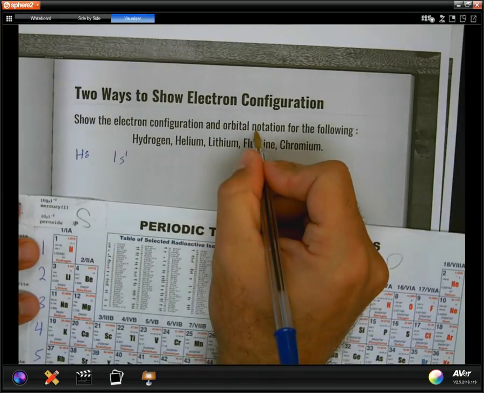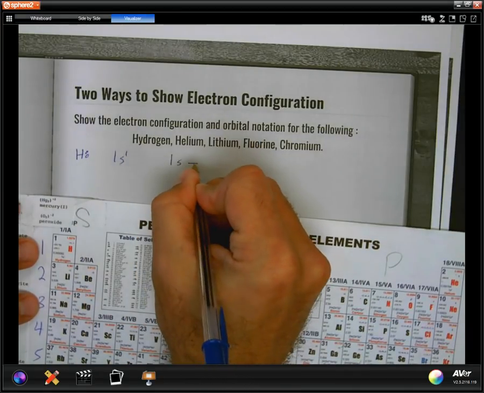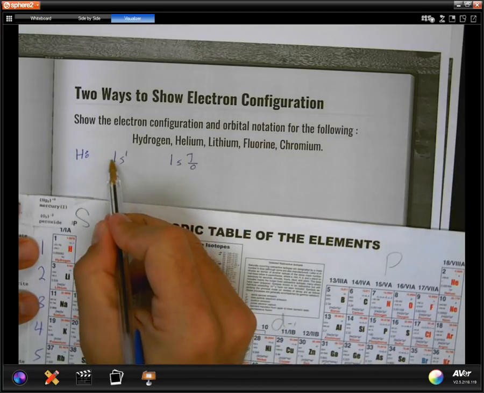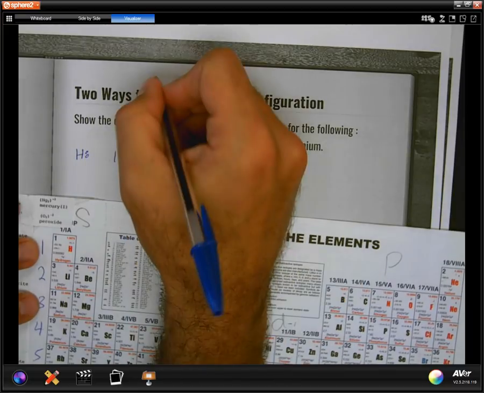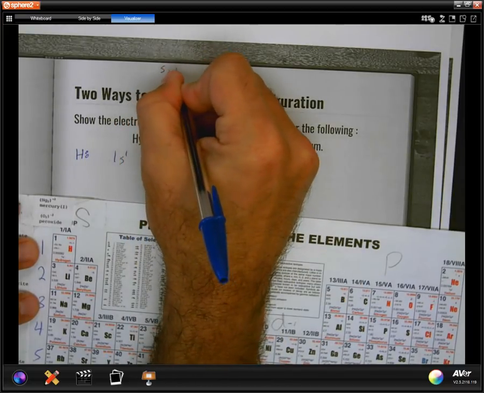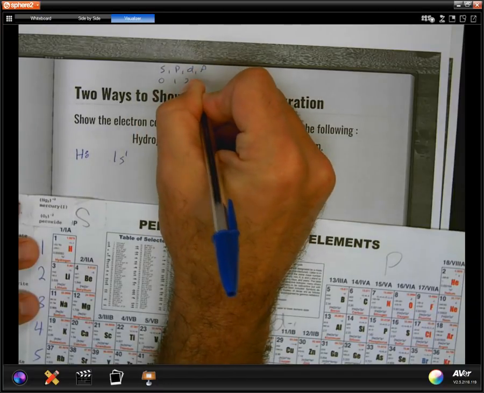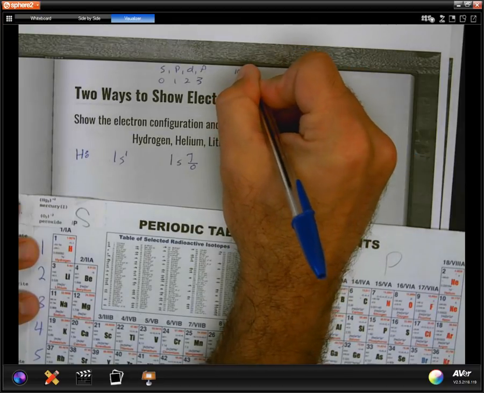Now to do the orbital notation, you should have just translated that into this. Again, one up arrow. First energy level, s block. The sublevel here is 0. Again, if you need to, write this down: s, p, d, and f are 0, 1, 2, and 3. And if I want to do sublevels, it's the absolute value range.